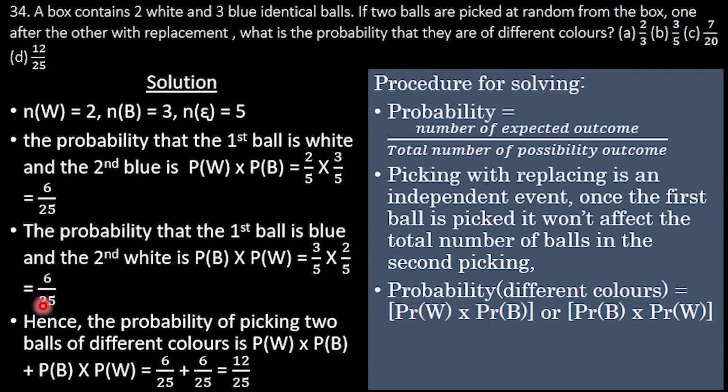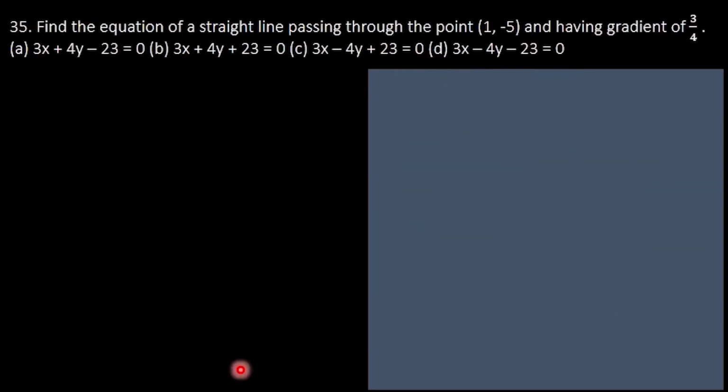Hence the probability of picking 2 balls of different colors is the probability of white times the probability of blue plus the probability of blue times the probability of white, equal to 6 over 25 plus 6 over 25, which equals 12 over 25.